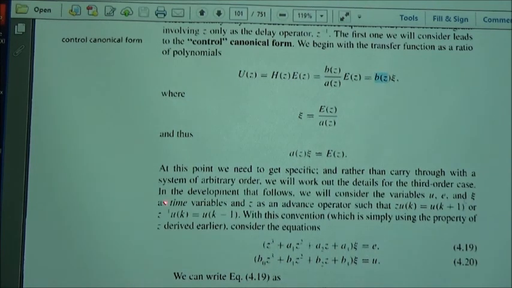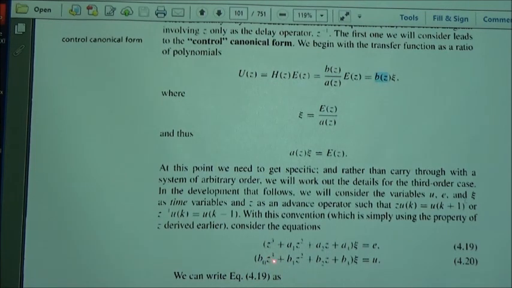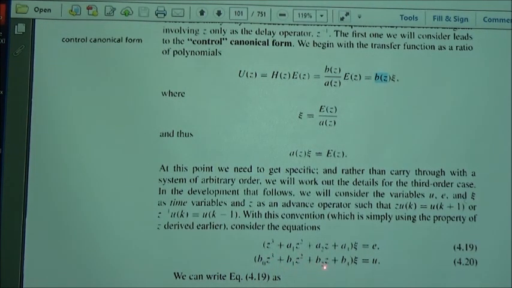So B is going to be another expression, B0 Z to the minus 3, B1 Z to the minus 2, and so forth.